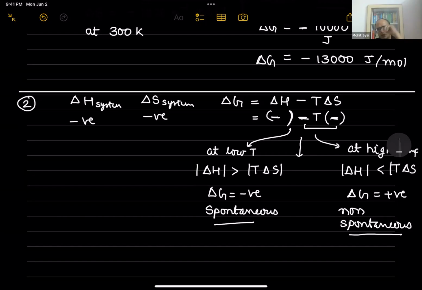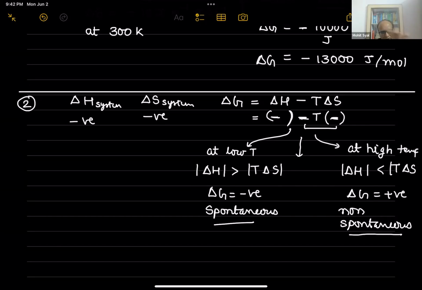Delta n g, R you can take as I told you, 8.314 joule per Kelvin per mole. Temperature you can leave as T. Just put the T over there and solve the equation.